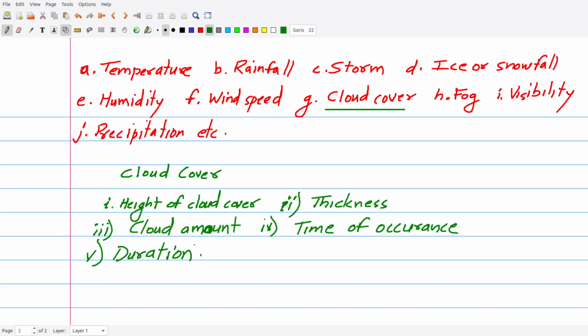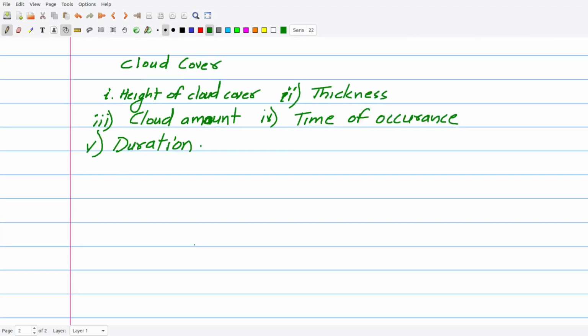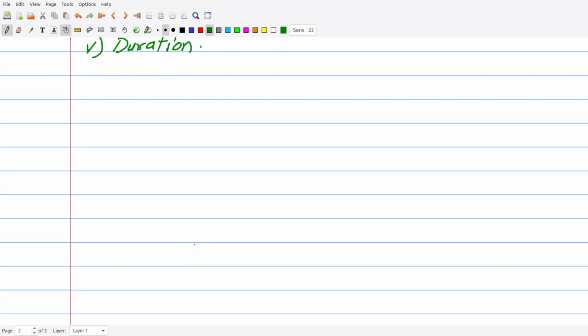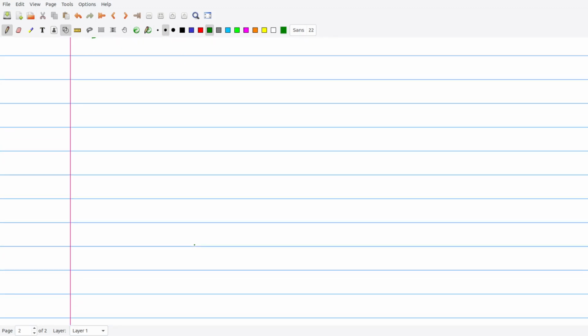So temperature is the main reason. So this was one of the factors. We'll take temperature. So temperature and cloud cover affect what?